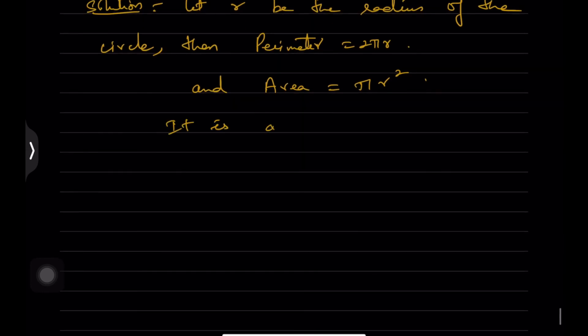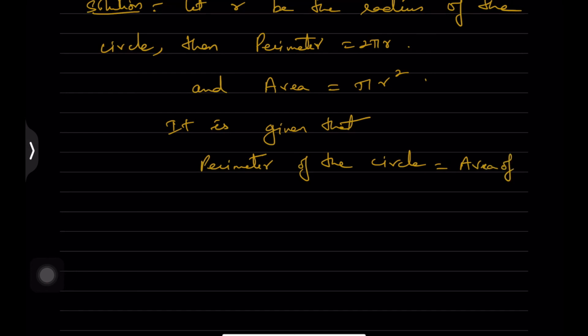It is given that the perimeter of the circle is equal to the area of the circle, that is 2 pi r is equal to pi r square.